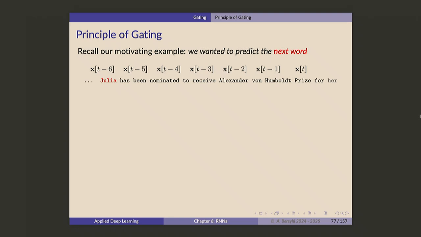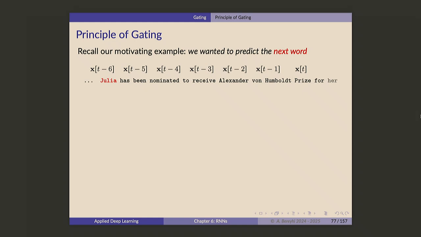And then we said if the neural network really wants to understand that it should put her here as the next word, it somehow needs to understand that the sentence is talking about a female, right? And it's a third person, single person, so I am supposed to put her here. Now, this means that it needs to have a memory which knows about Yulia, and Yulia is somehow clear in its memory.